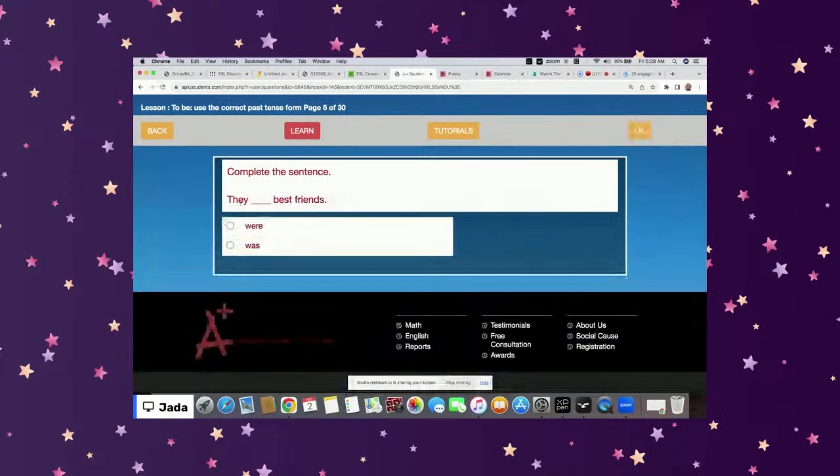Then, page 6, they dash best friends. Okay, they were best friends.